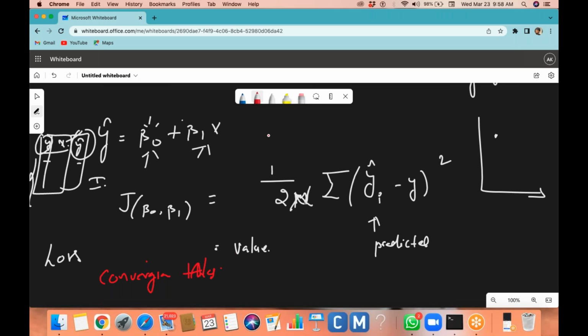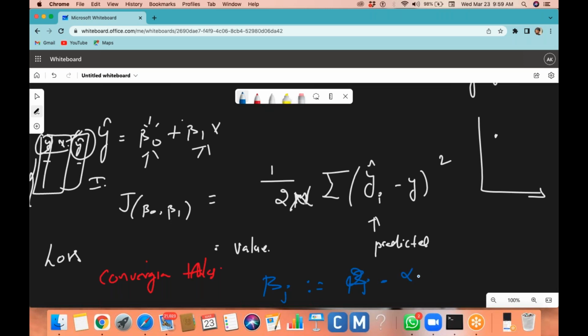When you go with the convergence algorithm, you can say it's a theta or a beta, so let me consider this is my beta. Beta j is equal to my previous one, and then you have to take the derivative, the slope of it.